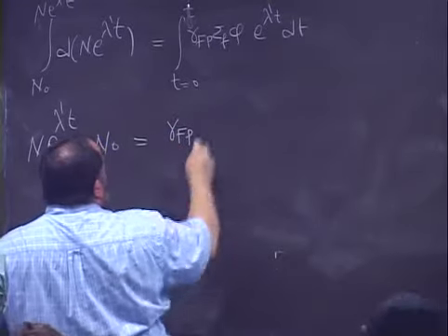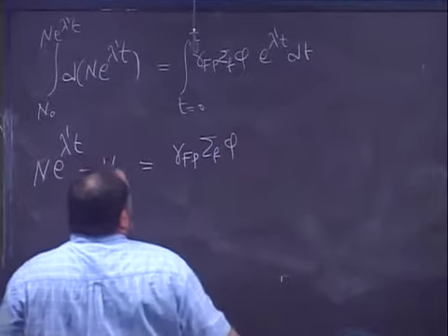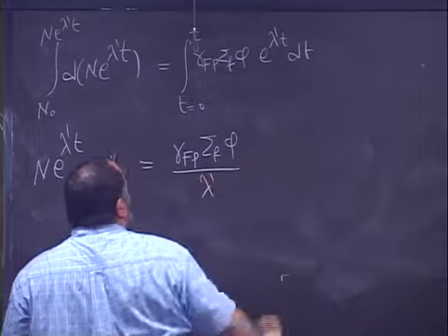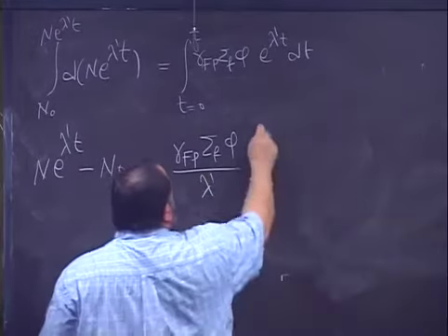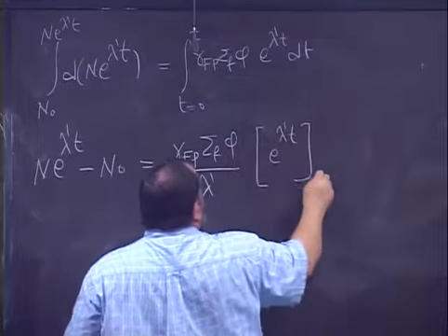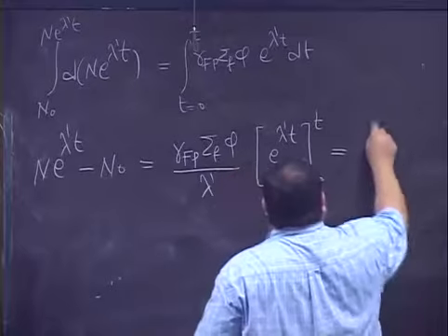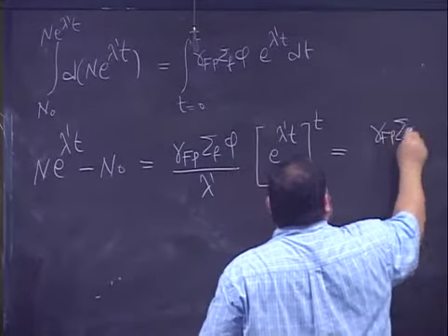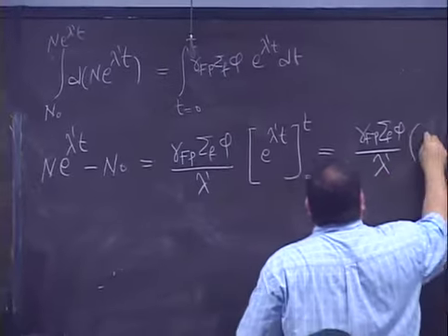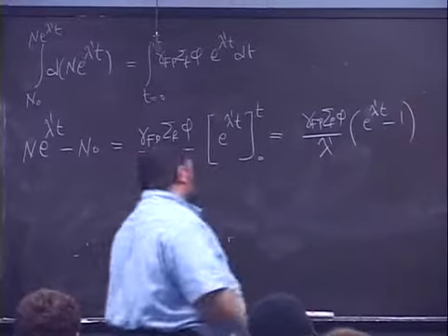Gamma fission product sigma fission phi multiplied by the integration of e to the power of lambda prime t. It will give you 1 over lambda prime multiplied by what? e to the power of lambda prime t from 0 to t, which will give you what? Gamma fission product sigma fission phi divided by lambda prime, e to the power of lambda prime t minus 1.